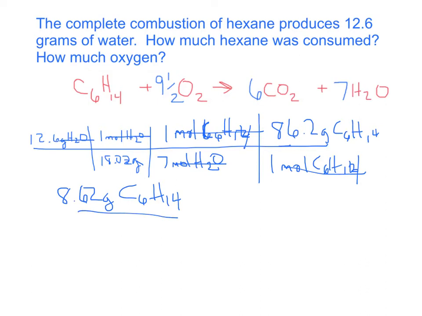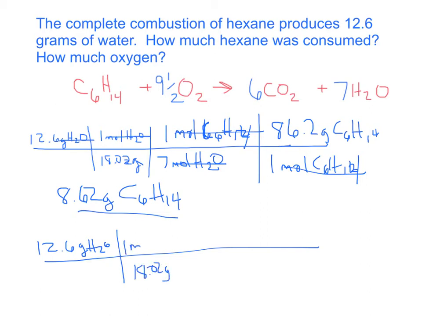Now we're supposed to do the oxygen one. So the setup's going to be, we're going to start from our given, 12.6 grams of water. The beginning part looks exactly alike, 18.02 grams to 1 mole of water.